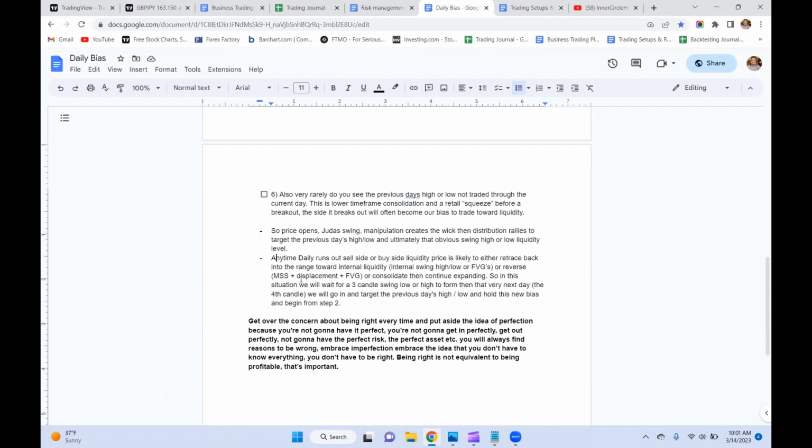Or it'll reverse, make a market structure shift with displacement plus a fair value gap, or consolidate, like I told you in the beginning. Then continue expanding. So in this situation, we will wait for a 3-candle swing low or high to form. Then that very next day, the 4th candle, we will go in and target the previous day's high/low and hold this new bias and begin from step 2.